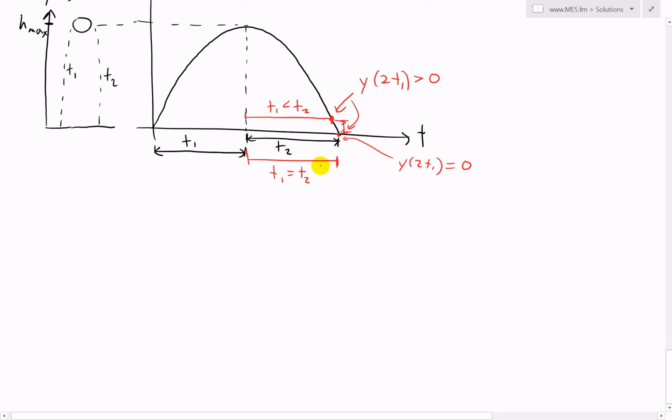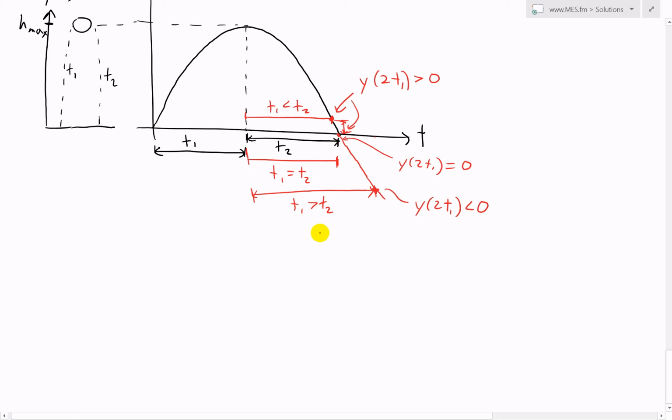If t1 is greater than t2, then from question 4, this graph keeps going on into negative height if you draw it fully out. So if t1 is greater than t2, then y of 2 t1 at this point is less than 0. You'll have a negative height if t1 is longer.